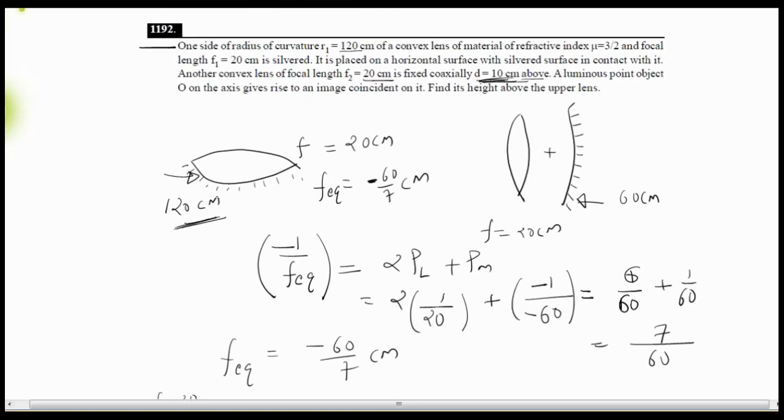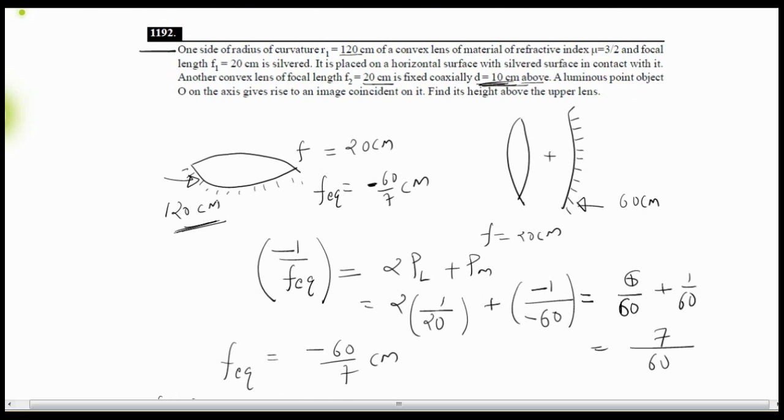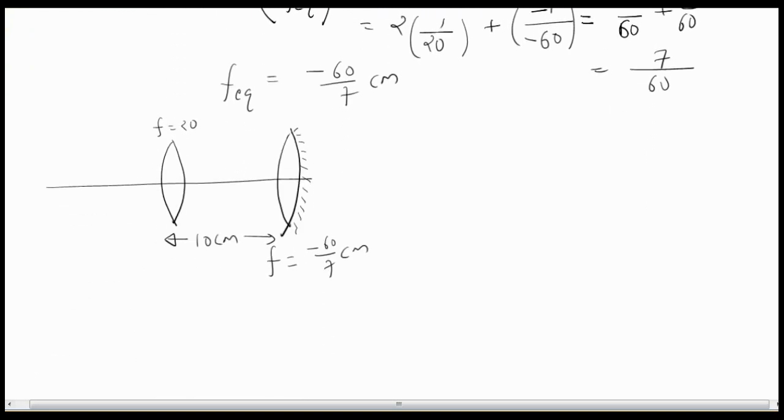Now it has been asked to find a luminous point object O on the axis which gives rise to an image coincident with it. So a luminous point object is placed in front of this system and its image is on itself. So this lens, which has a focal length 20 centimeter, may form an image at the center of curvature of this resultant concave mirror.